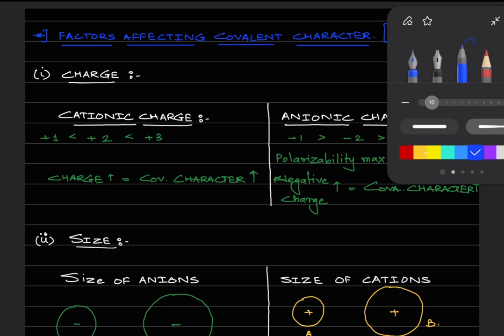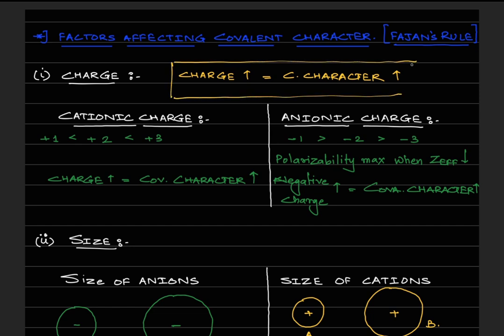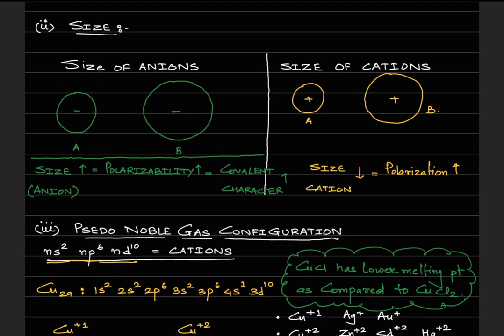So for covalent character, I would say that as the charges increase, the covalent character increases. Okay, because obviously the polarization and polarizability increases. Again, let me repeat, for anions I'm just focusing on magnitude and not the size. Okay, next.